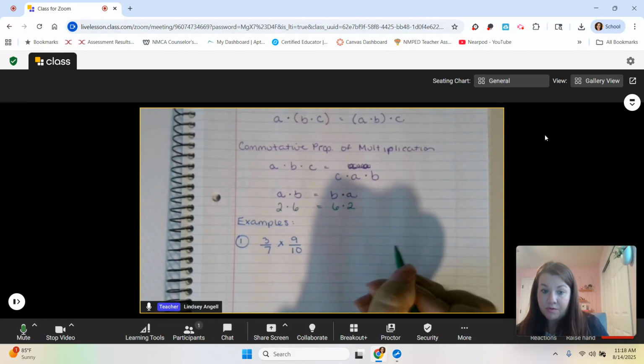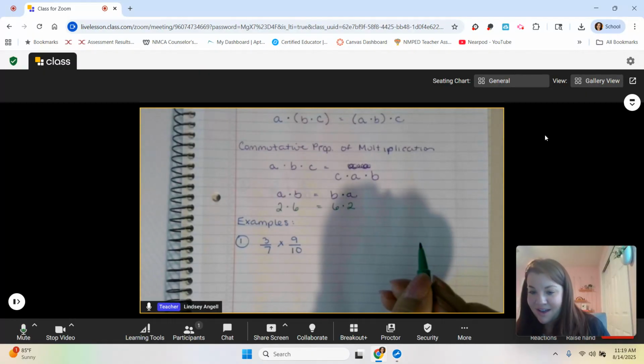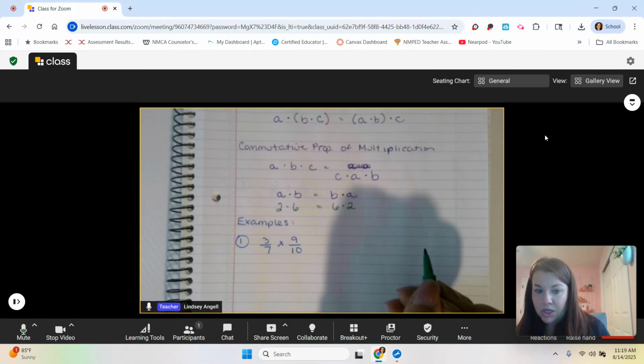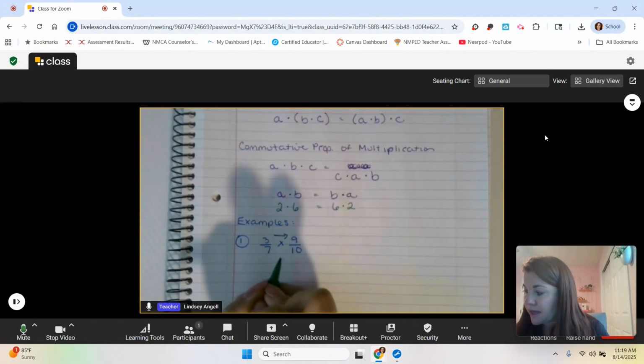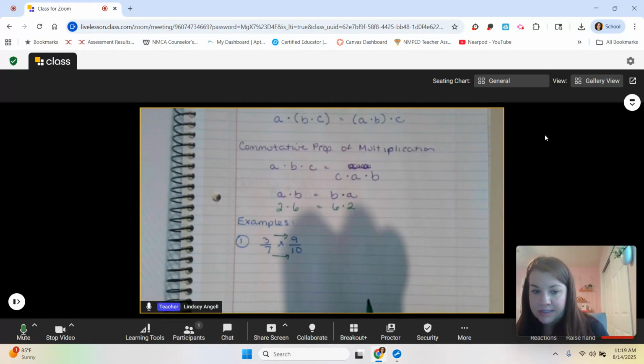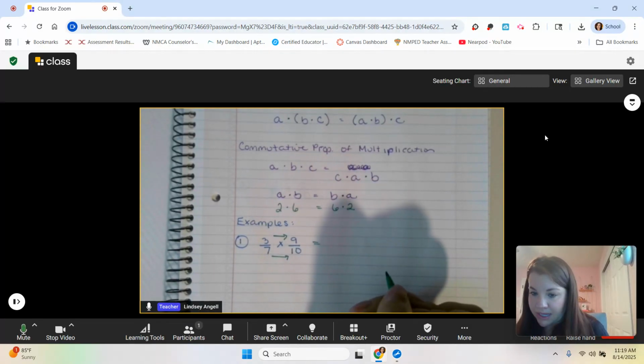If you remember from 6th grade, I know that was a little while ago, when you're multiplying fractions, you just go straight across. The 3 gets multiplied by the 9, and the 7 gets multiplied by the 10. So, get that multiplication chart out if you don't have these memorized.